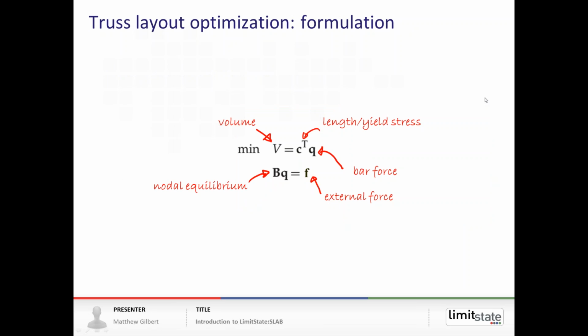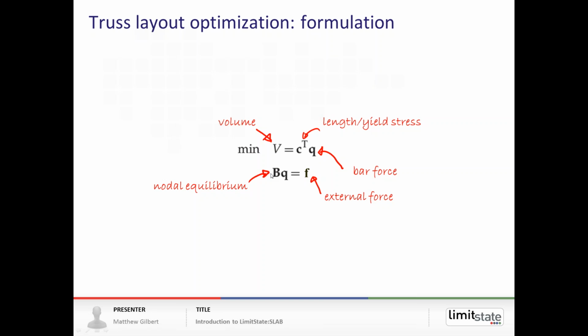If we look at the maths of the problem, it's very simple. What we're doing is minimizing volume, which is simply the sum of the length times the bar force over the yield stress for all the elements in the problem. And then we have constraints, which are nodal equilibrium constraints.